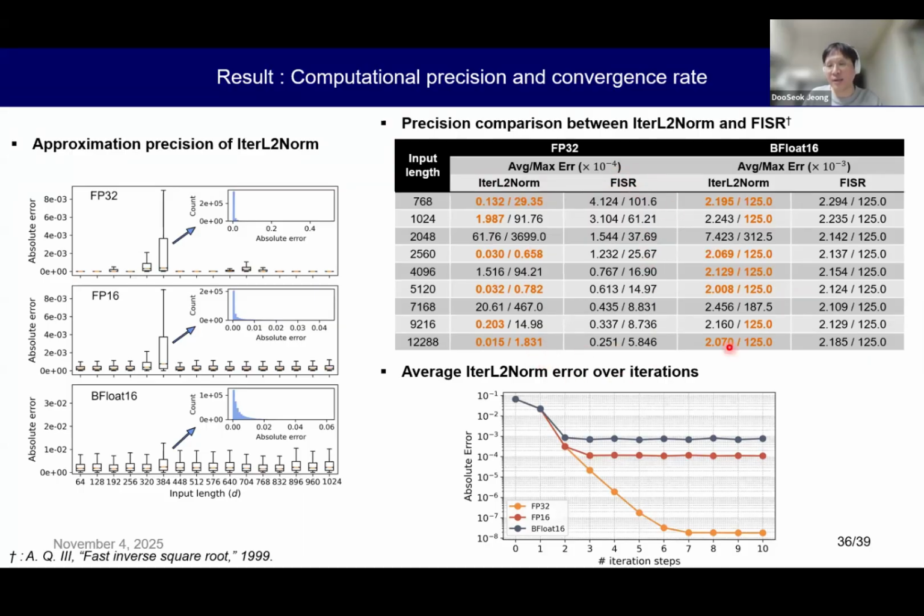And also, like I told you, because of proper initial point selection, we can see the error value with respect to iteration step. Even if you use floating point 32, you can reach the steady state after 6 iterations. Otherwise, you can reach the fixed point within 4 steps or something, which is good.